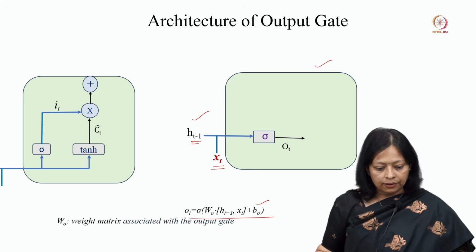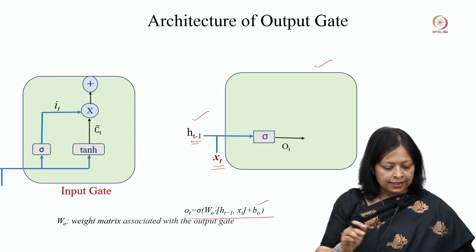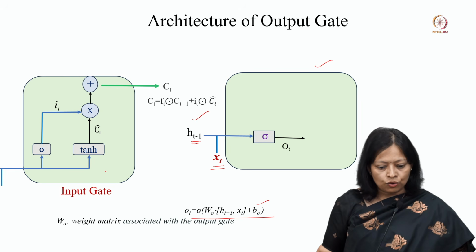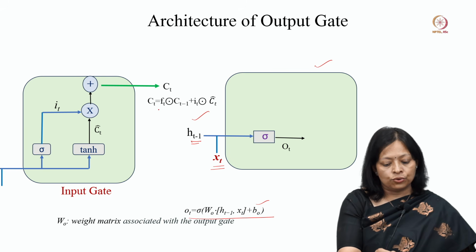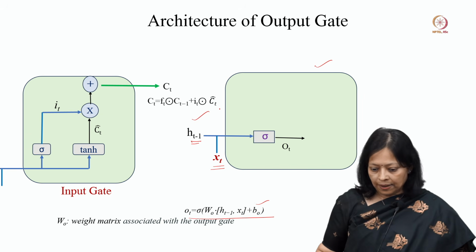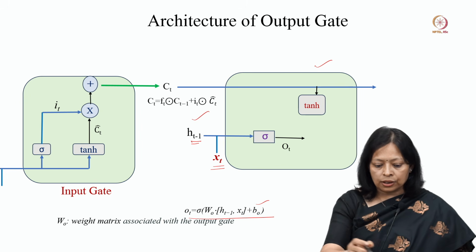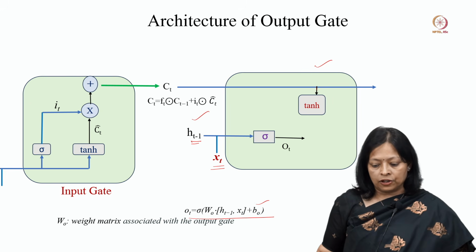So this is the output gate, and this was the input gate. We have seen the input gate looks like this, and the output of the input gate, as I was discussing in my previous slide, is Ct equal to ft into Ct minus 1 plus it into Ct hat. Now a portion of this goes and comes here and is operated on by a tanh activation function.